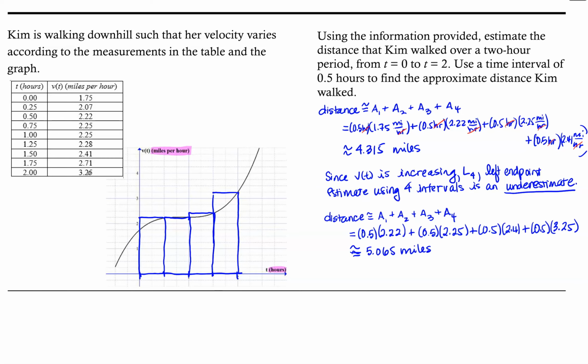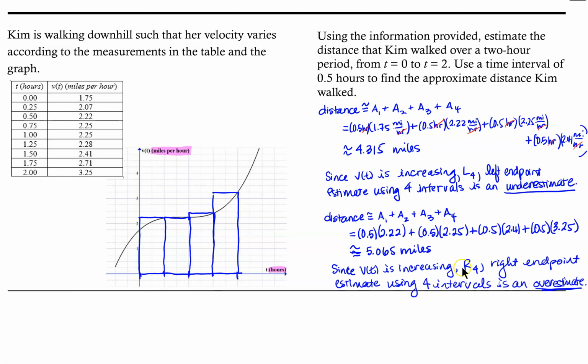Now, we noted that this was going to be an overestimate. And this is an overestimate because we were using the right endpoint of each of our intervals and our function was increasing. So we can say that since v of t is increasing, R4, our right endpoint estimate using 4 intervals, is an overestimate.